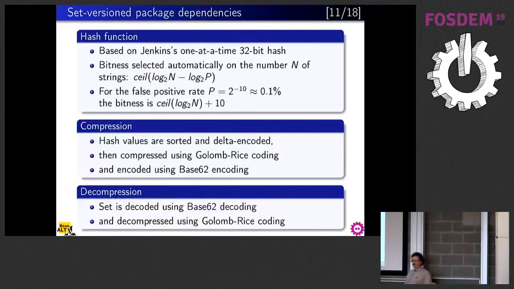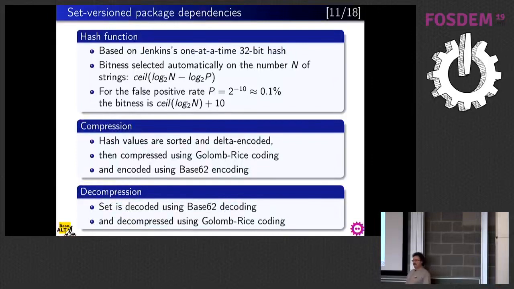For the case of 2 to the minus 10, it's just 10 plus the binary logarithm of the size of the set. Then this set of hashes is sorted, delta encoded, and compressed using Golomb-Rice encoding, which is natural for this kind of thing.